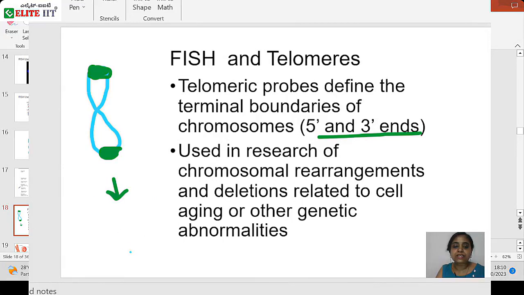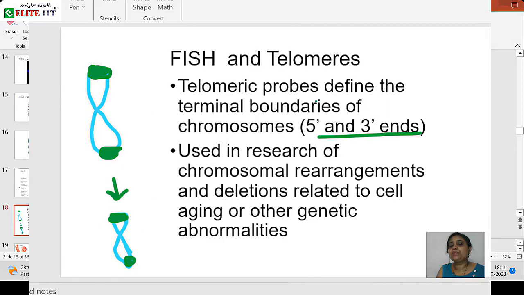With every cell division, a small part of the region is degraded out of the chromosome. You can identify how much telomere region is present, whether it is degraded or not, through the FISH method.